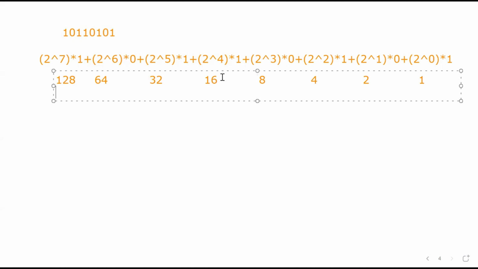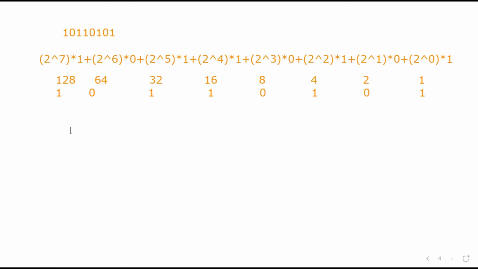Then we put in our binary values 1, 0, 1, 1, 0, 1, 0, 1.